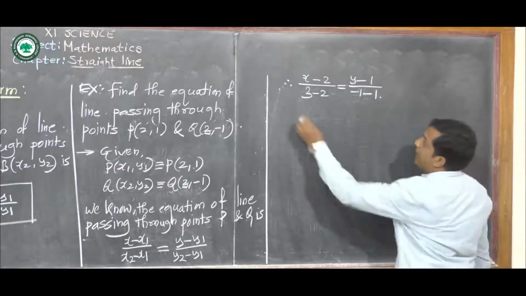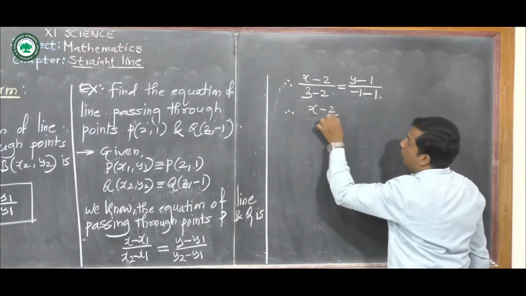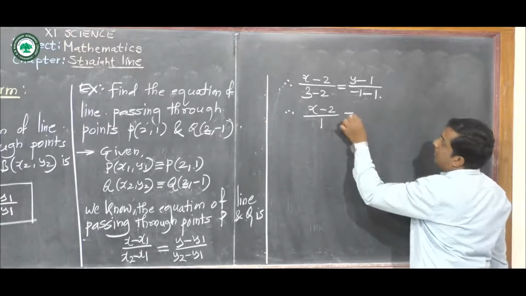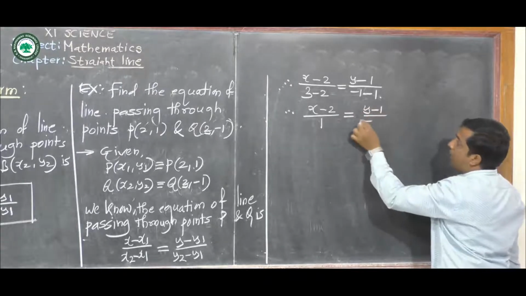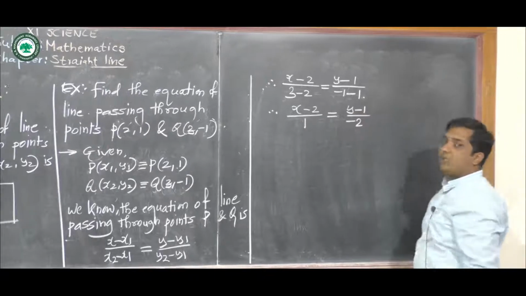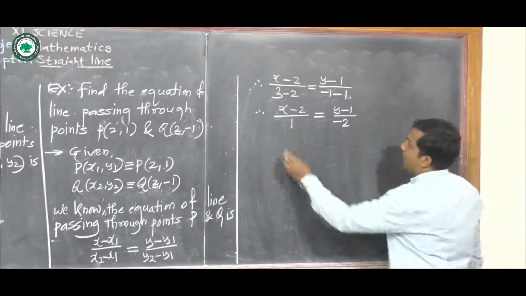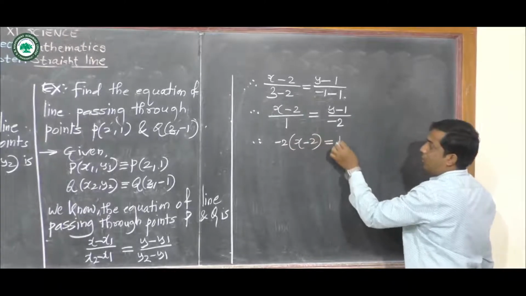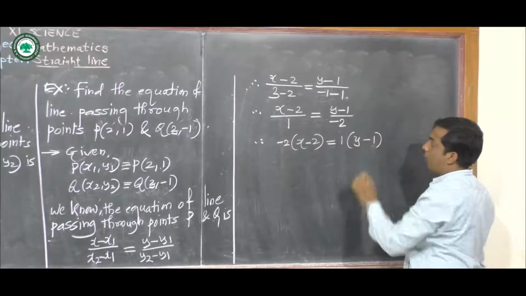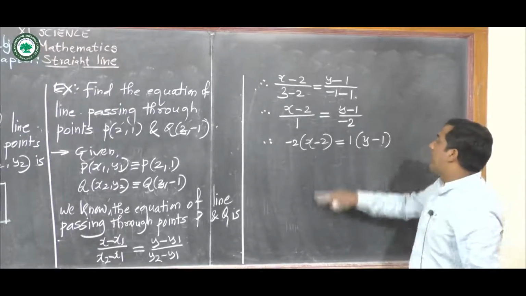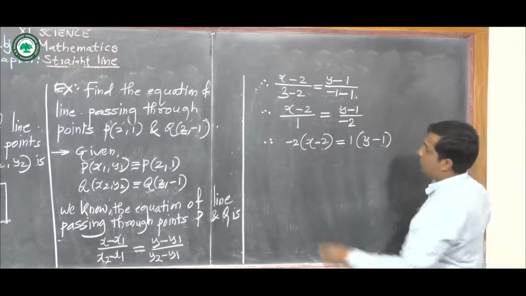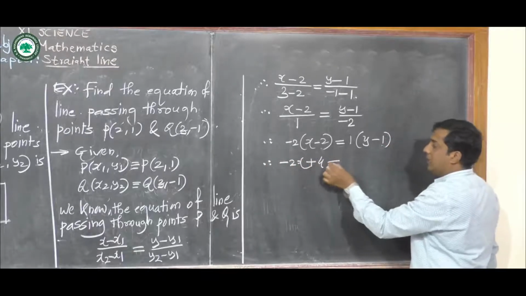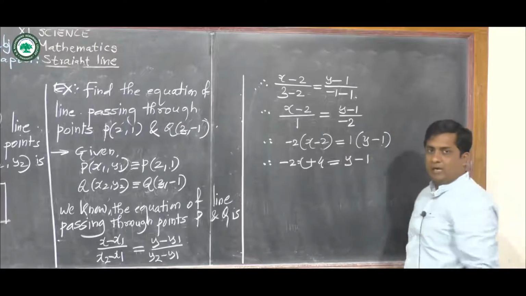Okay, now here we get (x minus 2) upon (3 minus 2 is 1), then this is equal to (y minus 1) upon (minus 1 minus 1, which is minus 2). Let's solve this part: minus 2 into bracket x minus 2 is equal to 1 into bracket y minus 1. Let's multiply this bracket by minus 2, then we get minus 2x plus 4 is equal to y minus 1.